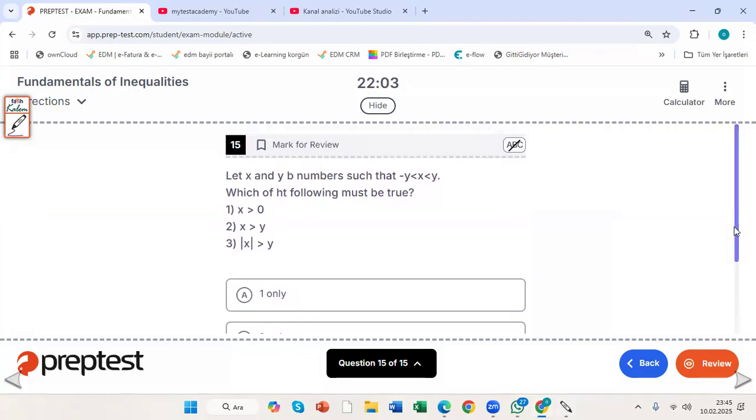But maybe I made a mistake. I'm not sure. If you want, we can check it once again together. What do you think of it? Can you see any problem while I'm solving it? What do you think about my statements?